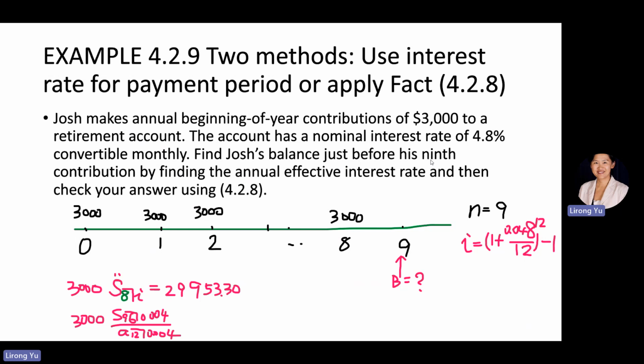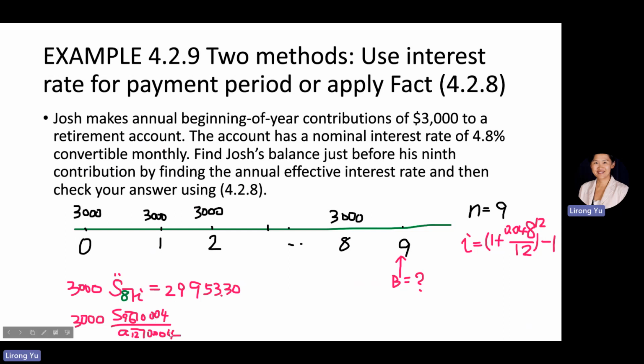That is only 8 years before the beginning of the ninth year, so the ninth year is not here yet. 8 times 12 is 96, so there are 96 interest compounding periods. The interest rate is monthly, so it's 0.004, that is 0.048 divided by 12.